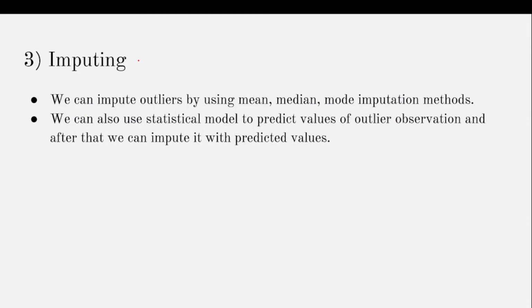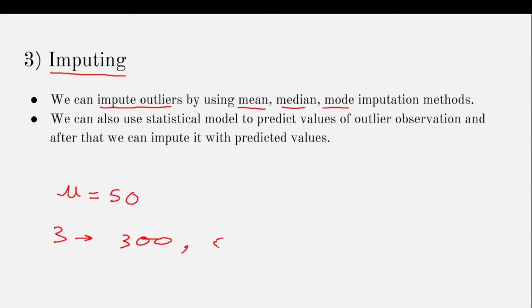The third and a very useful method that we can use to deal with the outliers is imputing. In this method, we impute the outliers by using the values of either mean, median, or mode. So let us say I have a distribution which has a mean of say 50, and it has three outliers which are say 300, 500 and 700.